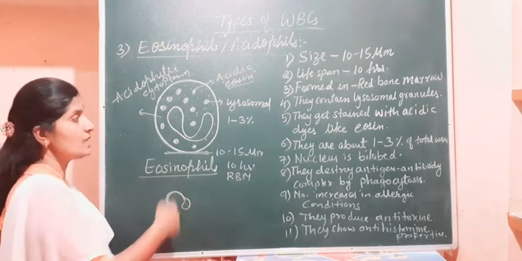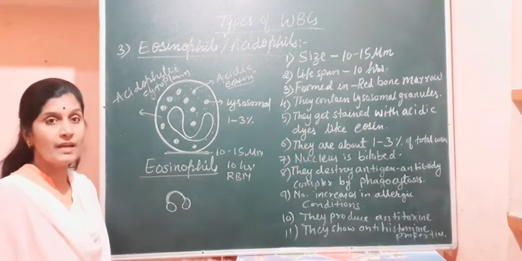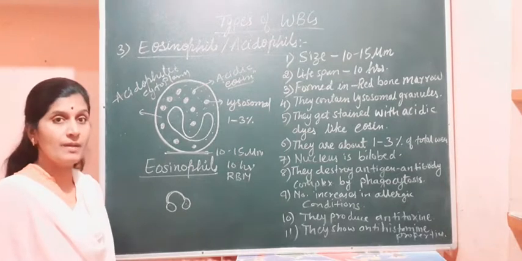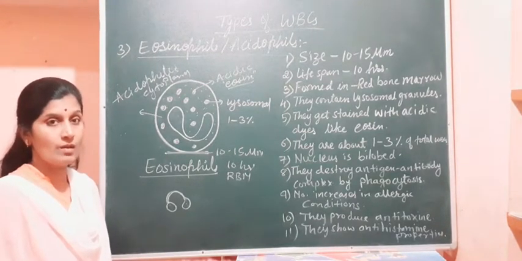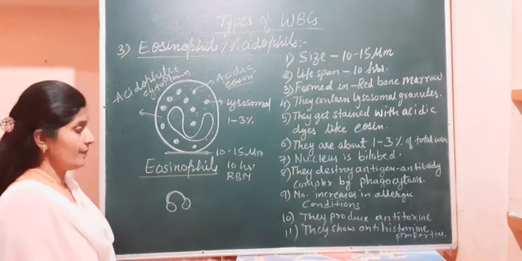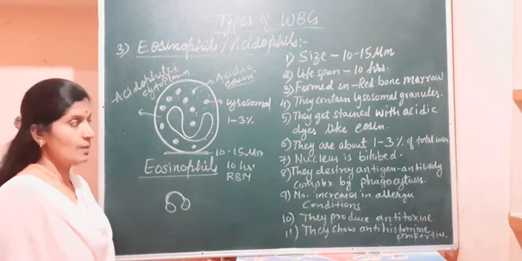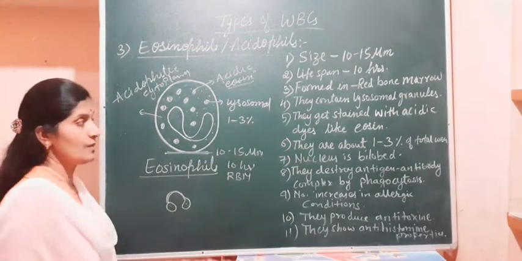If many of these cells are found in the blood, we can conclude that this person's blood may have pathogens like helminths or worms. In this way the person will get eosinophilia if the number of these cells is more than this percentage.